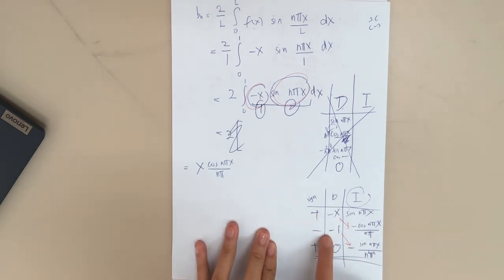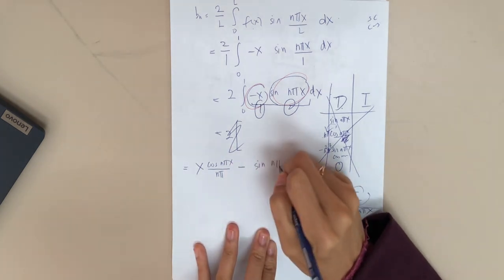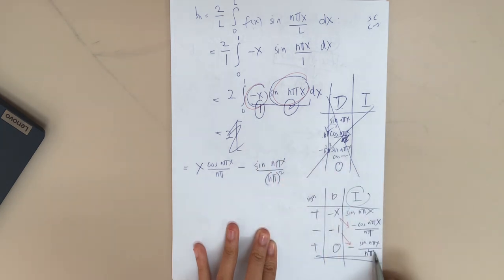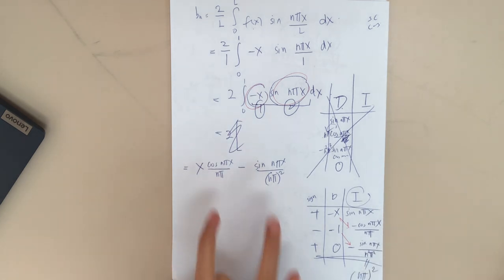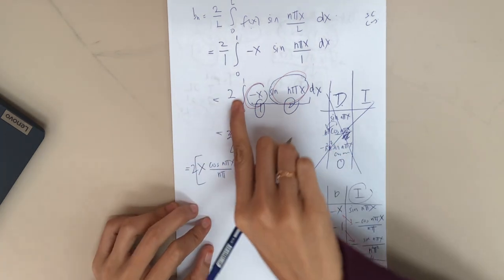And then next, negative, negative is positive, but you have negative, so minus. Minus sine n pi x over n pi squared. N squared pi squared is also equivalent to this one. So you get this one. Don't forget, in front of it they have 2. Ada 2 lagi kat depan.